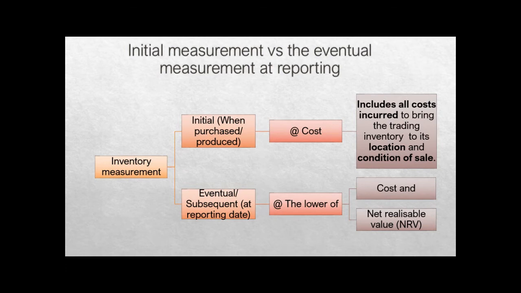Then when we talk about subsequent reporting, that is now when we get to year end. We will account for inventory at the lower of the cost and the net realizable value. Net realizable value is your market value, so the amount that you will be able to sell that product for, less any selling cost to get rid of it.